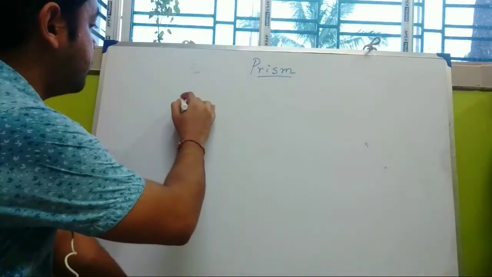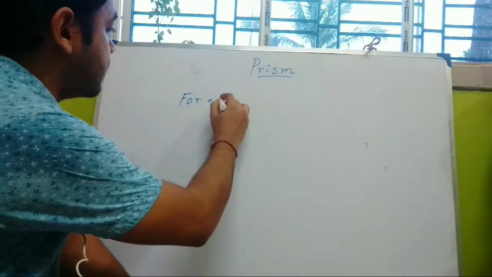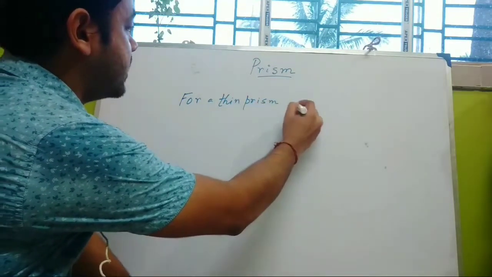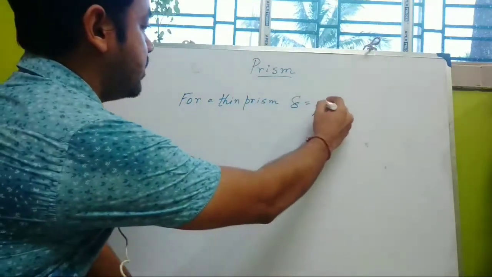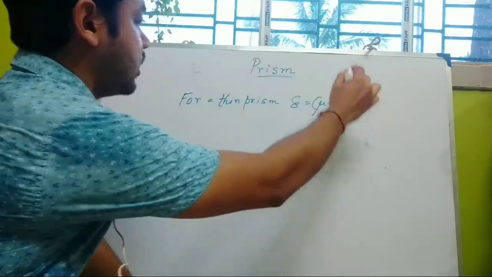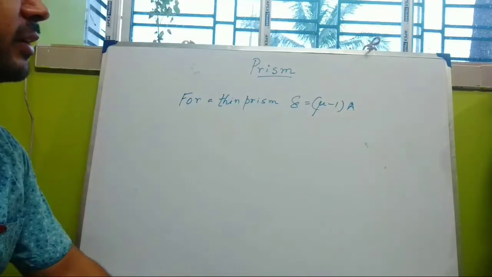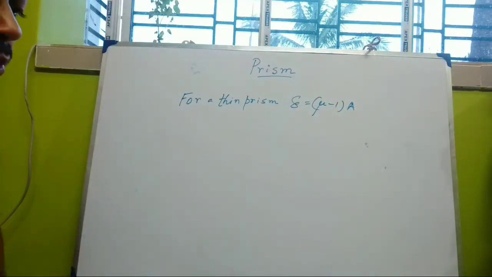For a thin prism, the angle of deviation is given by mu minus 1 into A, where mu is the refractive index of the material of the prism. Now we know that the deviation is different for different color light.